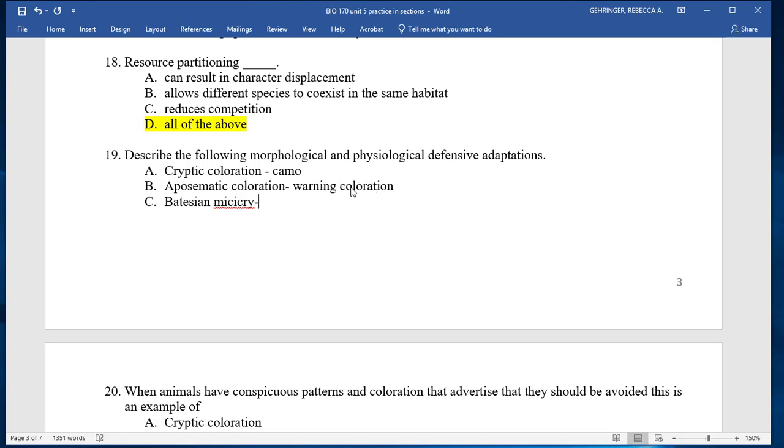And then Batesian mimicry, that is when you're a non-harmful species or a non-distasteful species, but you look like a harmful or distasteful species. So one species mimics a harmful or distasteful species.